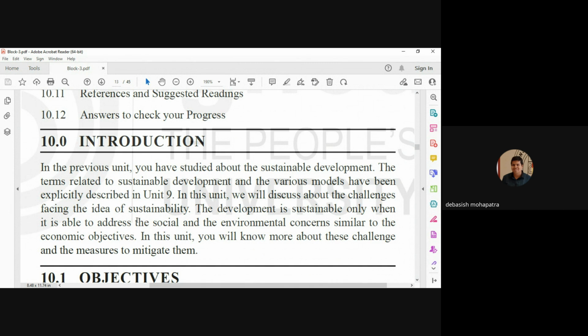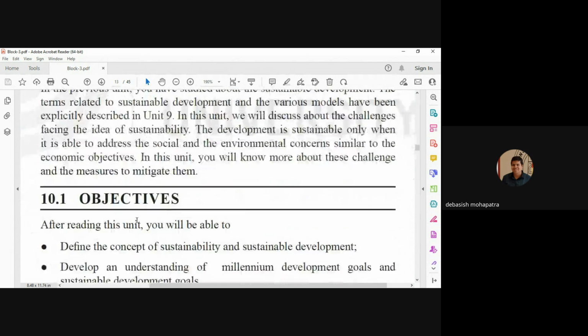In the previous unit we studied sustainable development and the terms related to it, and the various models have been explicitly described. Okay, so in this unit we will discuss the challenges facing the idea of sustainability.